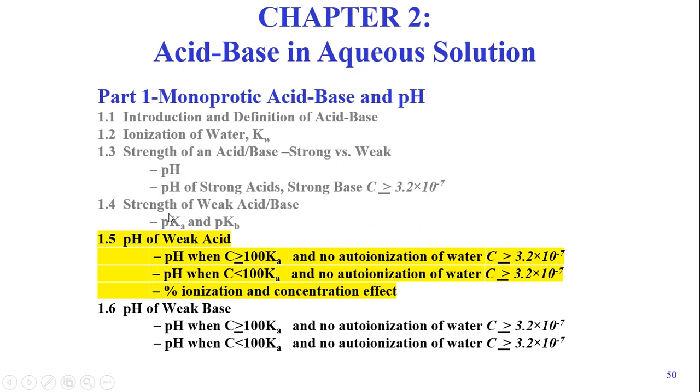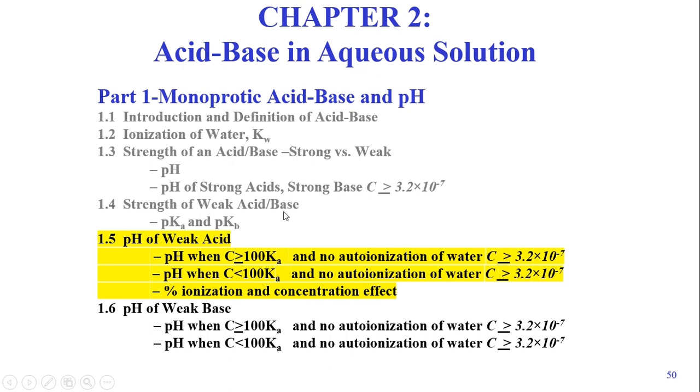We also looked at the strength of weak acids and weak bases, and we defined them by a pKa or a pKb and their respective Ka and Kb values. And we said that the stronger the acid, the higher its Ka, thus the lower its pKa.